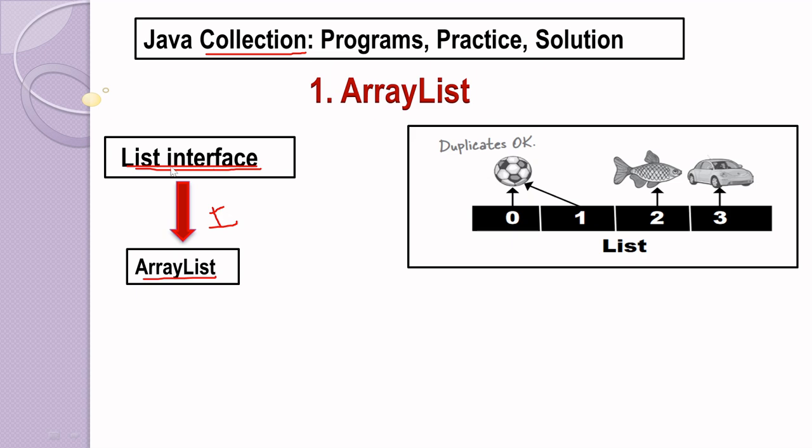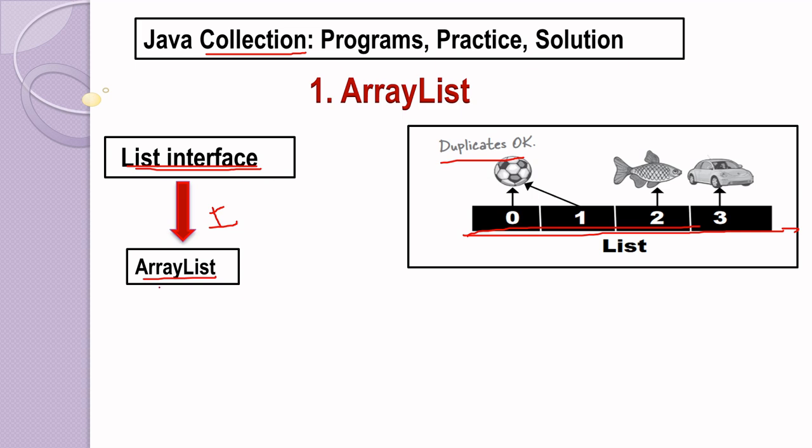The best choice of List interface is when insertion order is preserved and duplicates are allowed. If we have to preserve insertion order and allow duplicate elements, then we should go for the List interface.